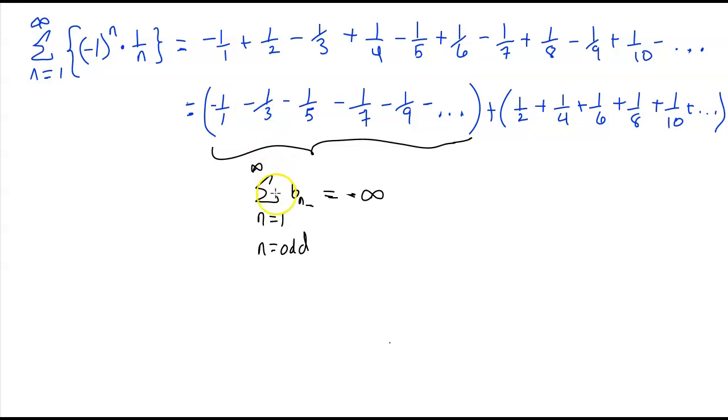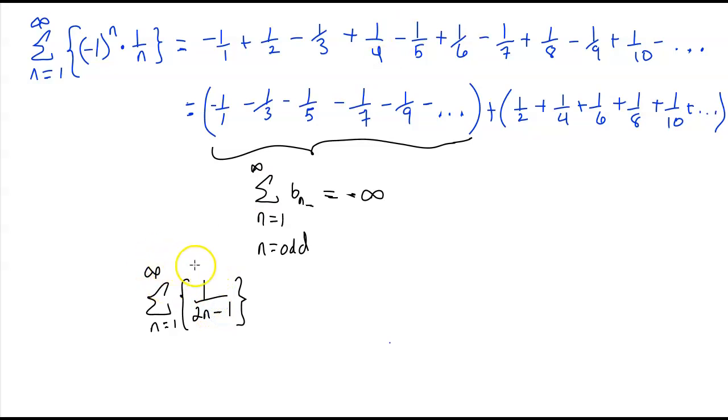Okay, and we can actually show that by the comparison test. Essentially what this would end up being is something like 1 divided by 2n plus 1. Or to make this more correct, this should be 2n minus 1.